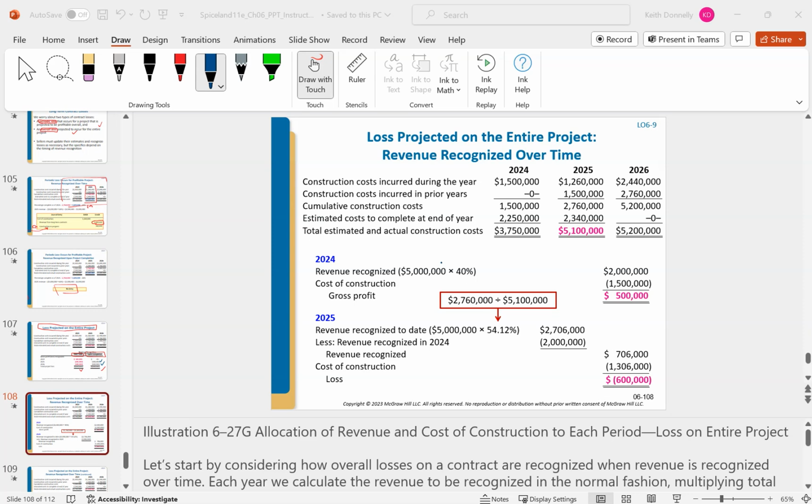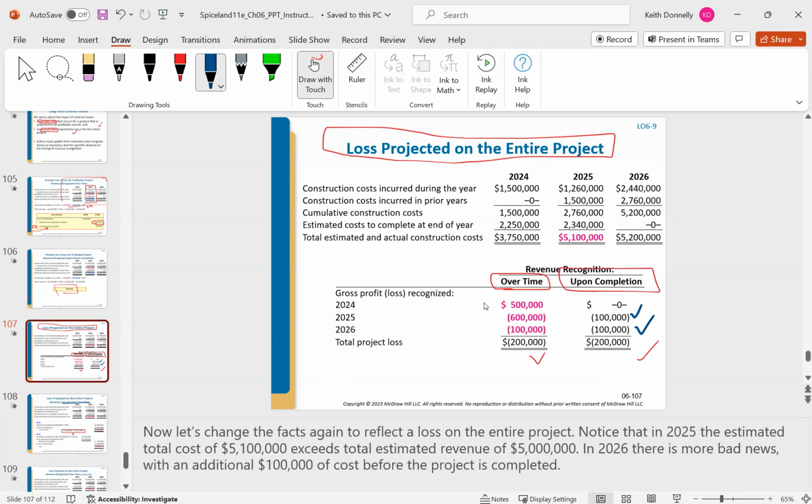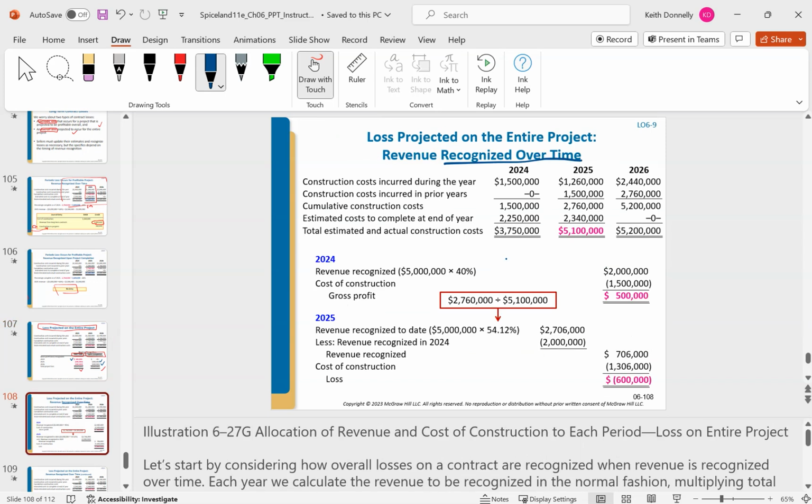Essentially what's going on here, if we're looking at recognized over time, you just run the numbers, you use that formula on it. At a high level, what's going on is year 1, we're profitable. That's great.